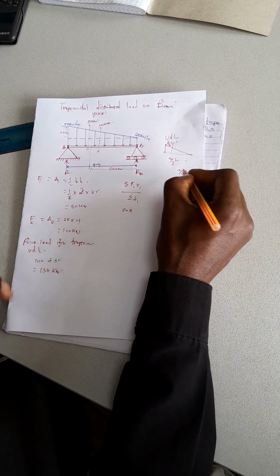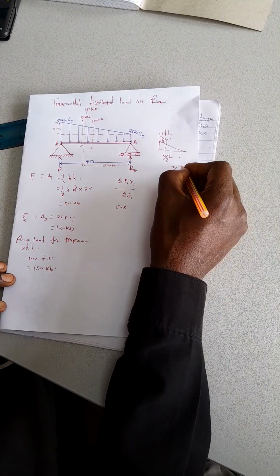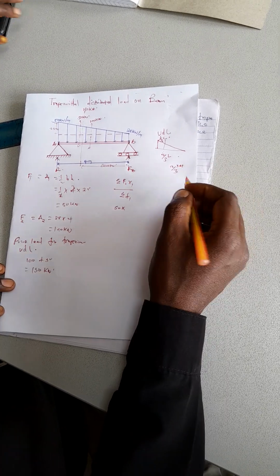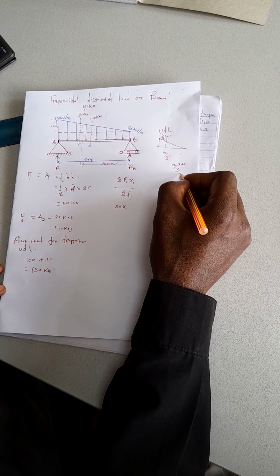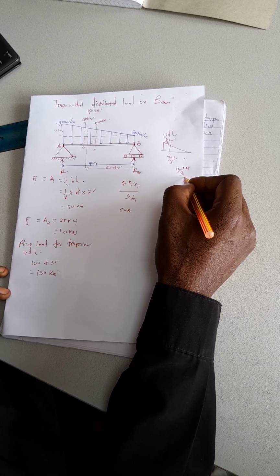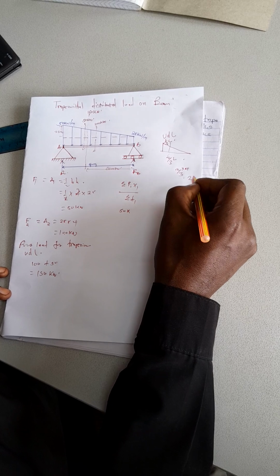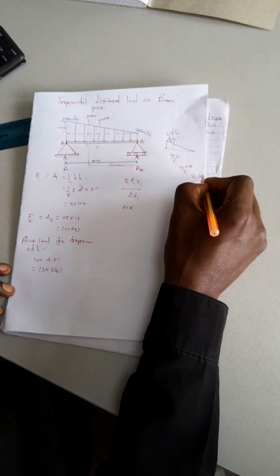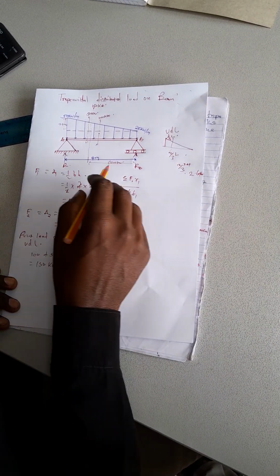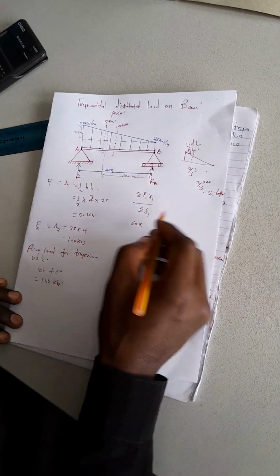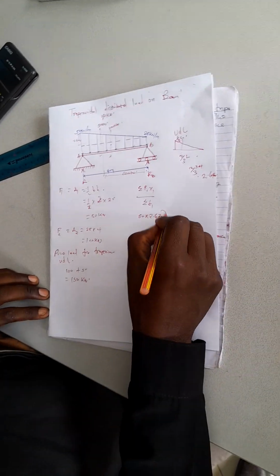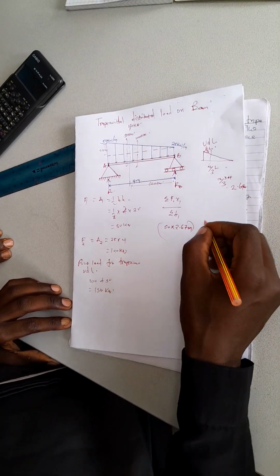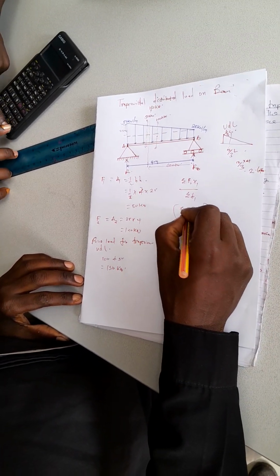So 2/3 of L, which is 4, gives 8 divided by 3. It's 2.67 meters. Are we together? It's kilonewton.